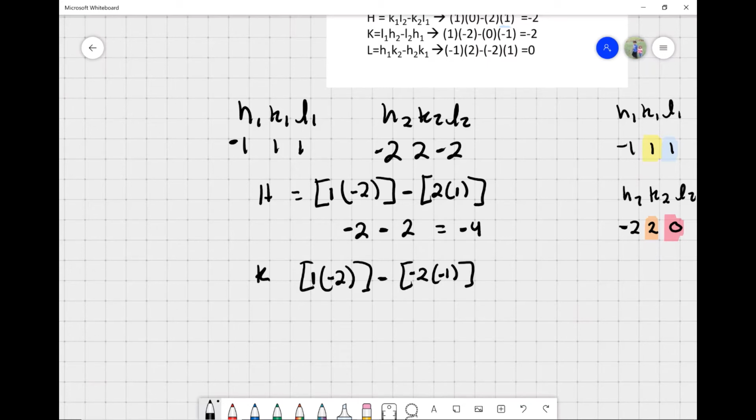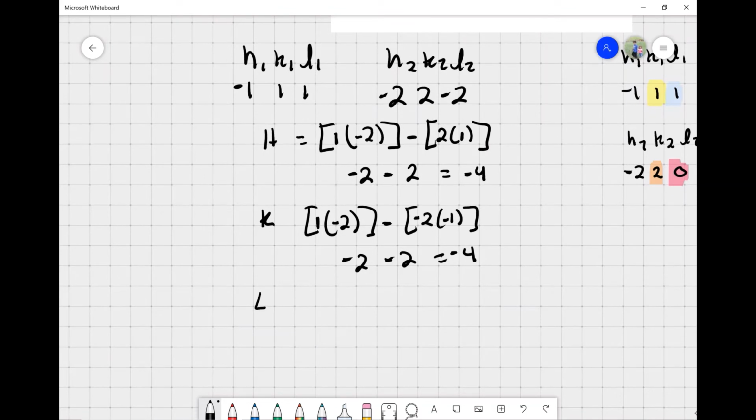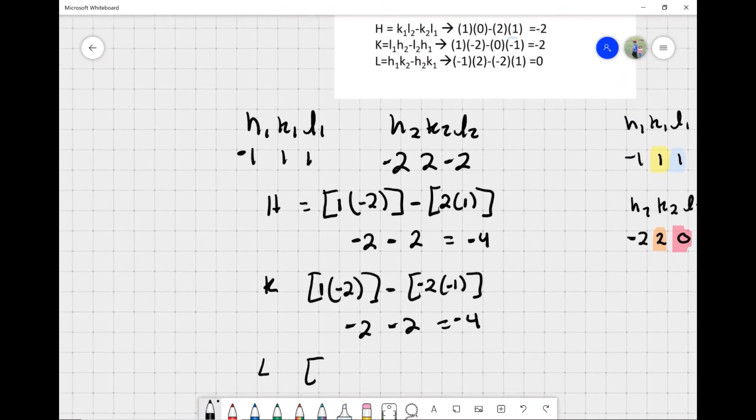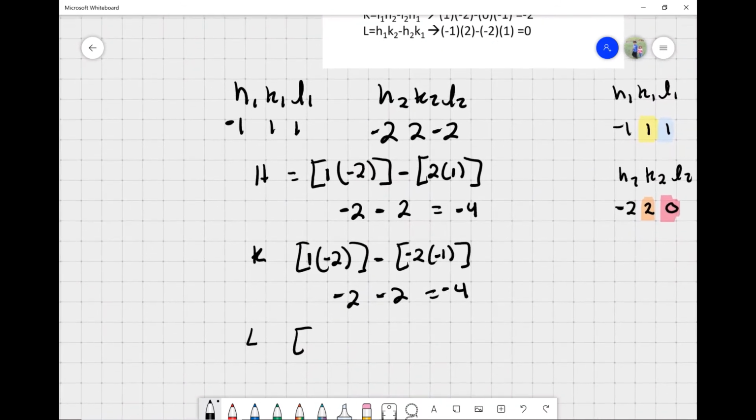And so this ends up being negative 2, again, minus 2, and this equals negative 4. And then L, we can look at H1, K2.